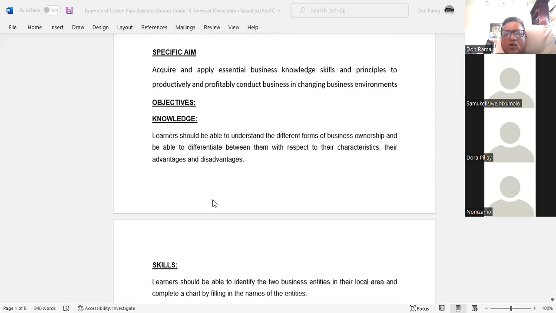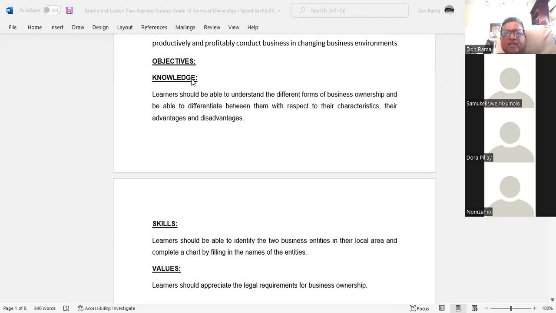Now, under objectives, we write objectives under knowledge, skills, and values. And I said to you quite clearly in lesson plan 1, when you start writing your objectives, the beginning words are: learners should be able to.